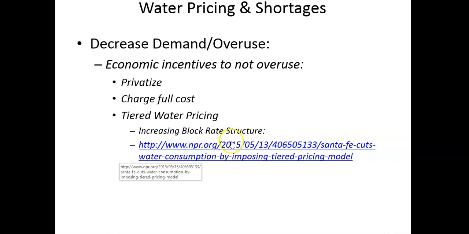Basically, this recording from NPR discusses how Santa Fe, New Mexico, dramatically cut the amount of water consumption by having exactly that. They charged a very low price per gallon for low amounts of usage. They charged more per gallon if you used more water, and people responded, as economists would expect, by using less water.